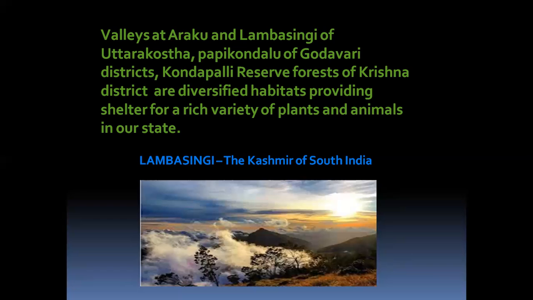So here, these all animals are surviving here. Different kinds of birds come from long distances to Kolleru and Pulicat lakes of our state, children, during the months of October to March, during this winter season only.